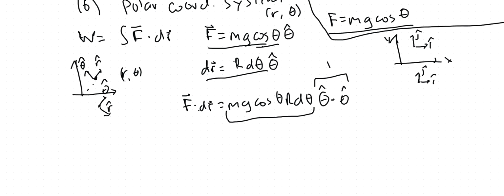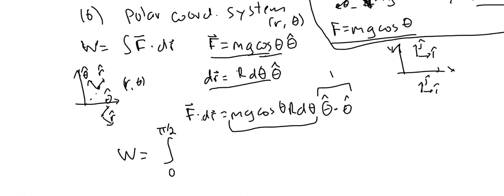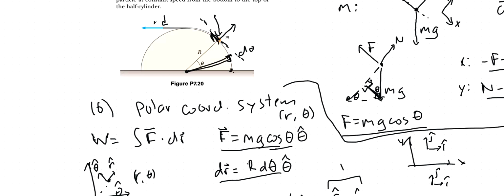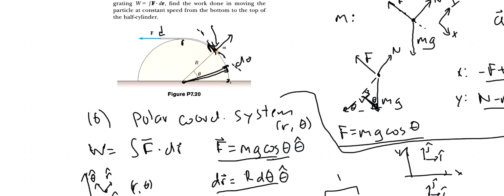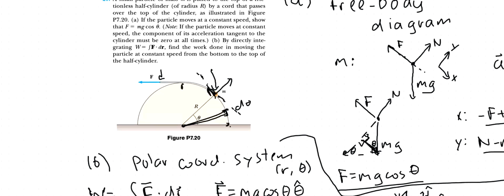So the work is the integral from 0 to pi over 2. Let me read the problem again. It says, by direct integration, find the work done in moving the particle at constant speed from the bottom to the top of the half cylinder.